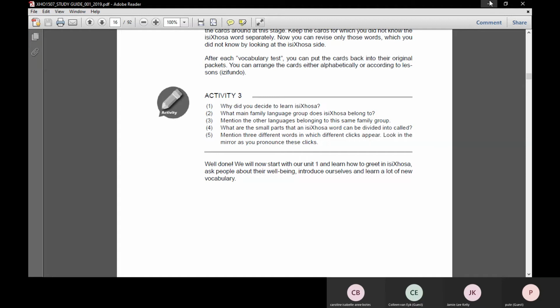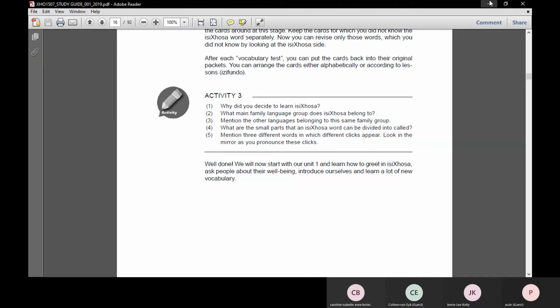I'll give you other words that have clicks. Uxolo, as in I'm sorry. Or uxolo, as in a leaf, a tree leaf. Iringi, an earring. Icuba, a cigarette. Iqanda, an egg. Uxam, a crocodile. Uyaxoka, you are lying. Xuba, mix.